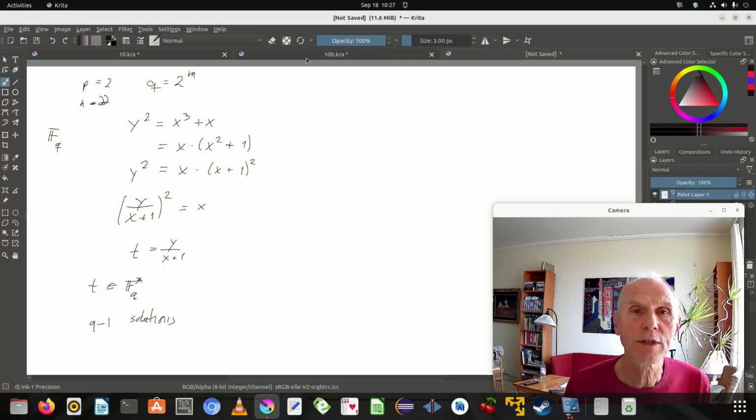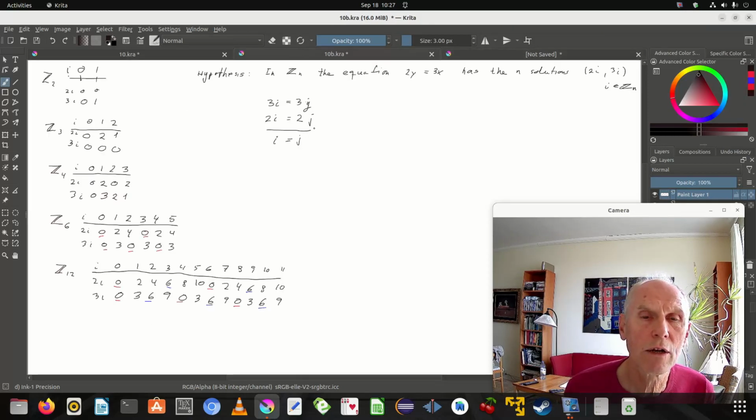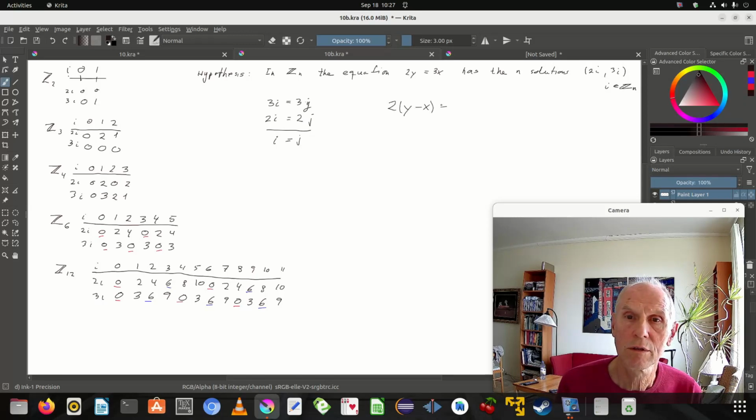I think this trick might be used here as well. This is the equation we want to solve. And how about subtracting 2x? And then setting t equal to y minus x.